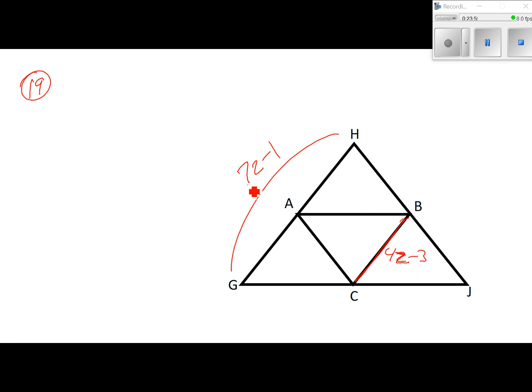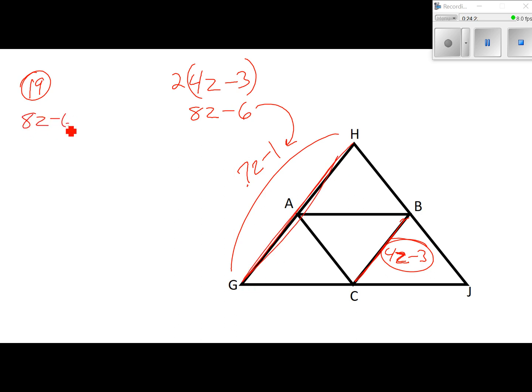This time, if we try to take half of 7z minus 1, it doesn't come out real well. So this time we probably want to take this one and double it. So 4z minus 3, and we want to multiply it by 2. Double it. That'd be 8z minus 6. And we know 8z minus 6 should equal this whole segment out here, which is 7z minus 1.